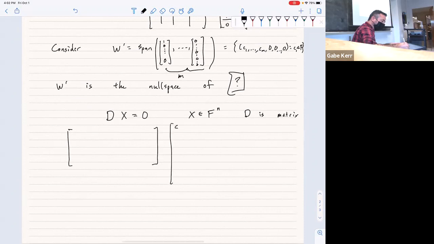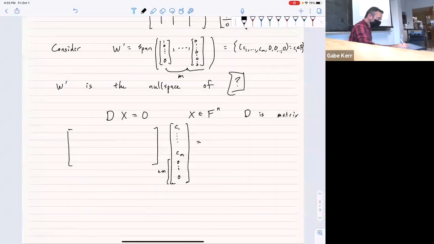What do I want? I want anything that looks like this to go to zero. So these n minus m are all zero, but the first m, I want this to go to zero.